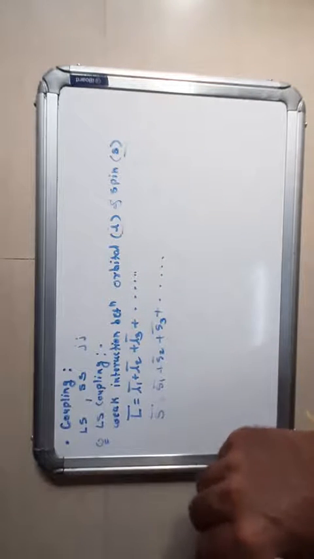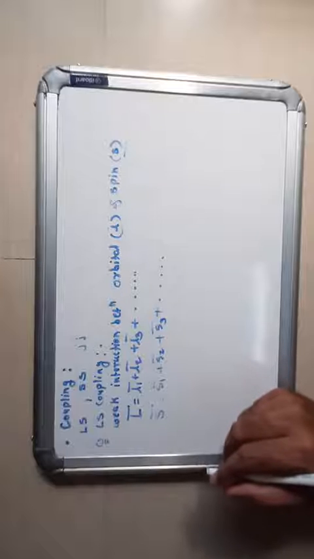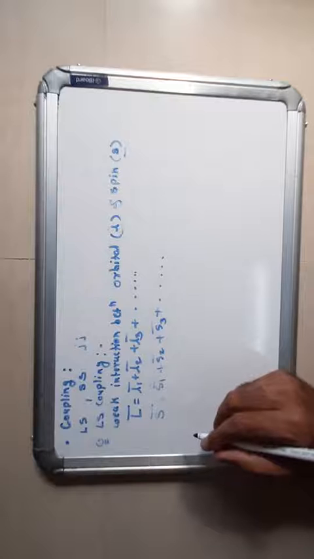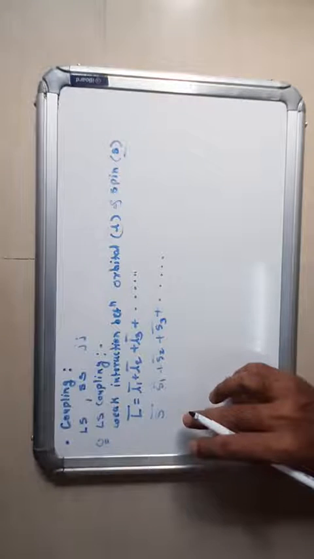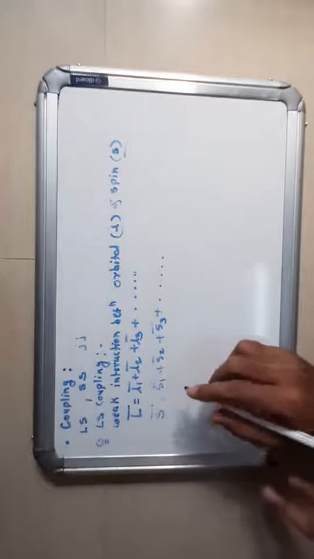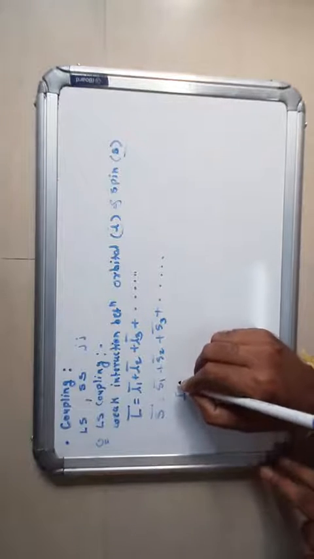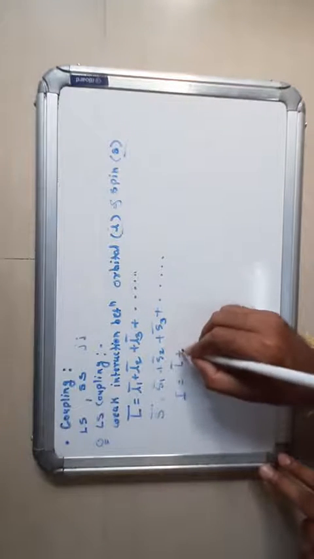The total angular momentum of the nucleus arises from the intrinsic spin angular momentum of its protons and neutrons and from the orbital angular momentum due to motion of these nucleons within the nucleus, and it is given by I bar equal to L bar plus S bar.